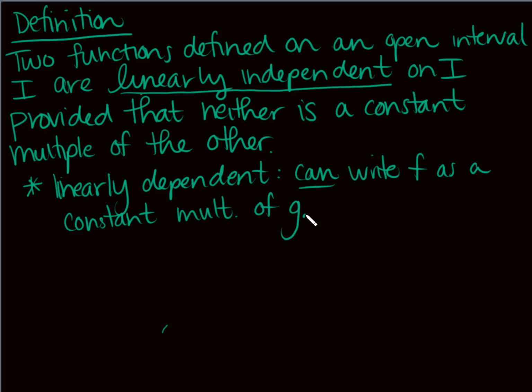One way we can test this: if they are linearly dependent, then f equals some constant times g, or vice versa. So if I take the ratio of these and it equals a constant, then I am linearly dependent. They are not linearly independent functions.